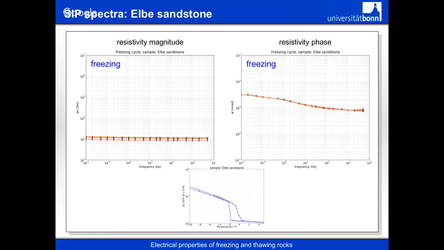And now this is the IP data, and we find it promising to continue with also trying to measure IP really on-site in the field using this method. This is now for one of the samples, the sandstone. You see here the resistivity, and you see here the phase, as a measure of the polarization versus frequency.